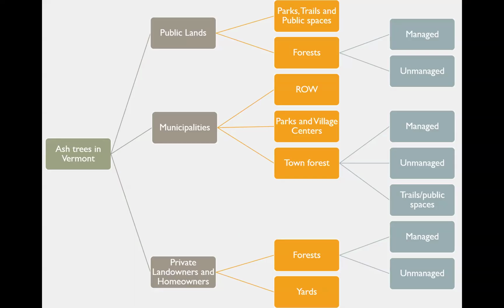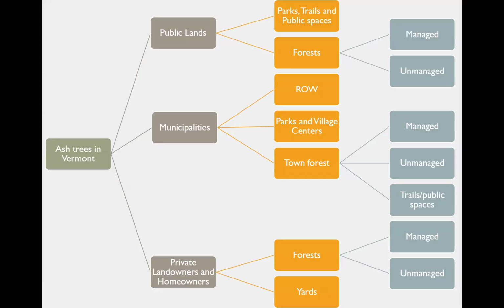On public lands, we have trees that are around parks and trails and public spaces, and then we also have trees that are deep in interior forests. Some of those are managed and some are unmanaged forests. Then we have trees on municipalities, around roads, in parks and village centers, and in town forests.